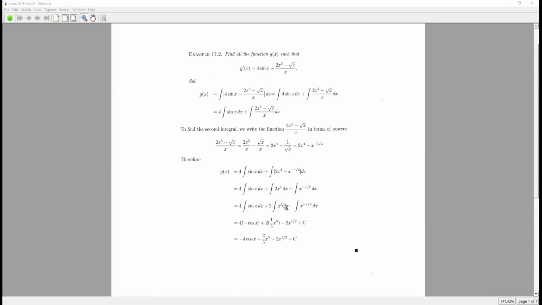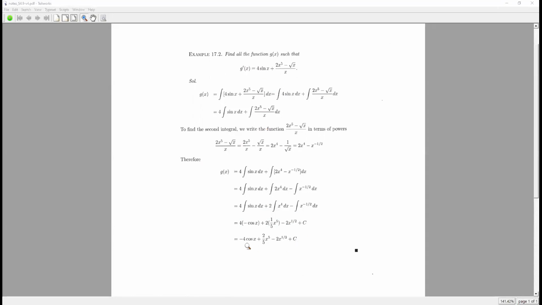The antiderivative of x to the 4th is 1/5 times x to the 5th. The antiderivative of x to the negative 1/2 is 2 times x to the 1/2. Don't forget to add an arbitrary constant c. Now simplify this, and then we get the answer. This is all the functions g that satisfy this equation, where c is arbitrary.